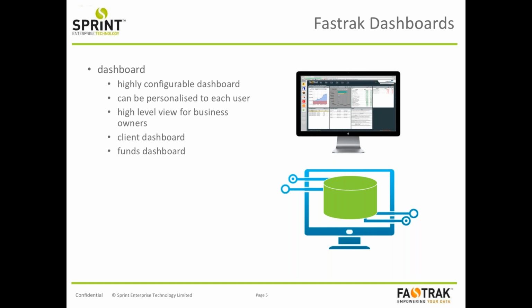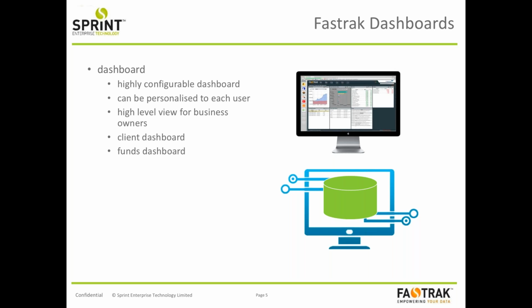It's absolutely configurable to each user. We can give you some high-level views for the business owners and for the advisors, where they can look down on the data that we've collated. And we can then start to drill into the detail, so things such as a client dashboard or the funds. I'll show you those in a bit more detail when we log into Fastrak.